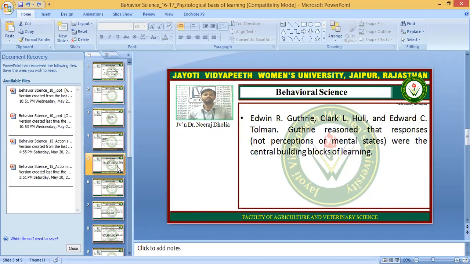For example, when you teach children to spell A for apple and B for ball, till he or she speaks that A for apple, it will not be learning for them. So response is necessary for learning.